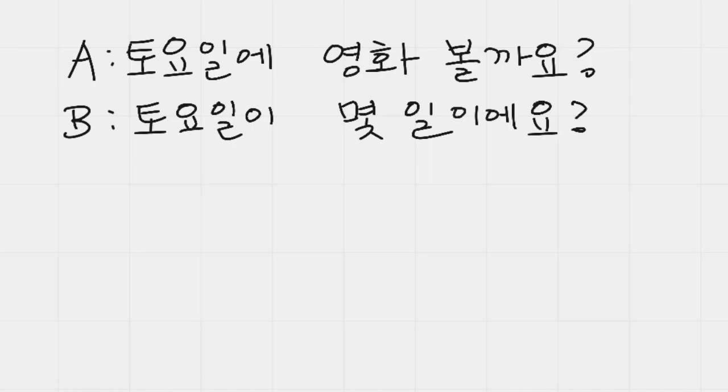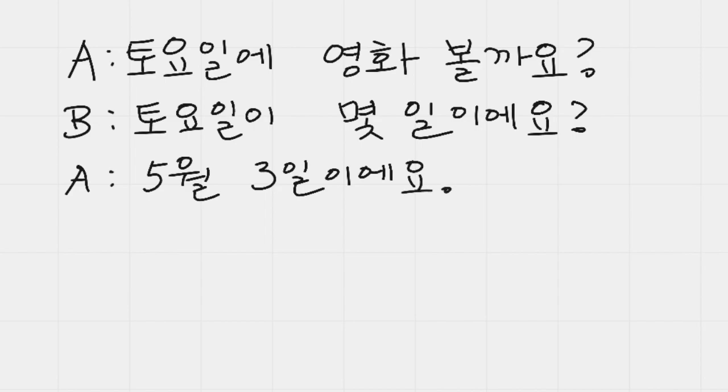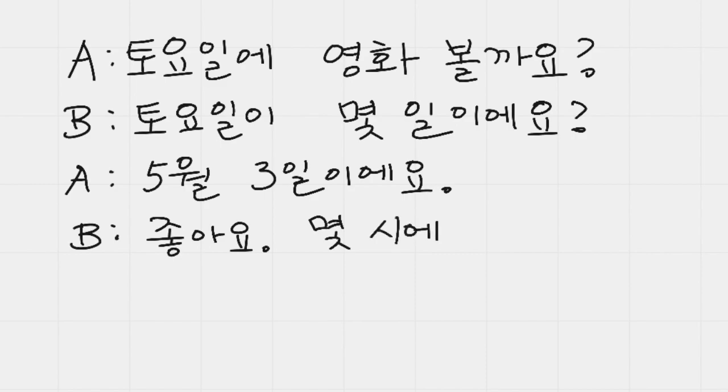What date is Saturday? And then the A person. 5월 3일이에요. It's May 3rd. B person. 좋아요. That's good. 몇 시에? What time? 만날까요? Shall we meet?